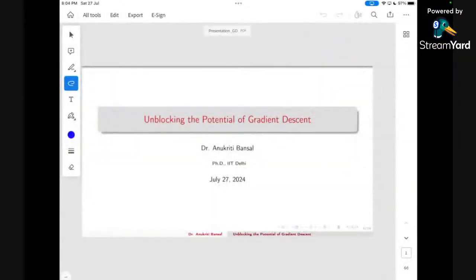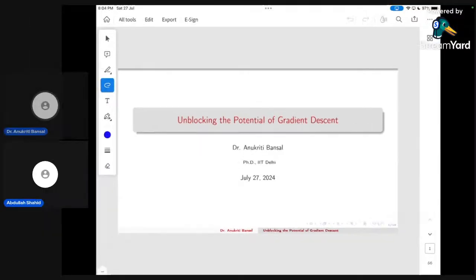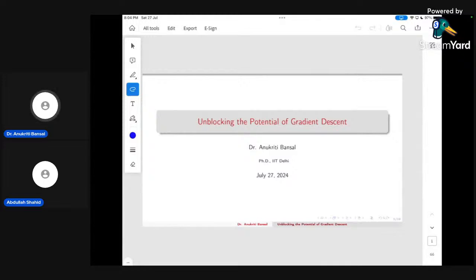Can anyone tell me whether my screen is visible? Can someone unmute and tell me if my screen is visible to you? Yes, your screen is visible. Okay, thank you so much.